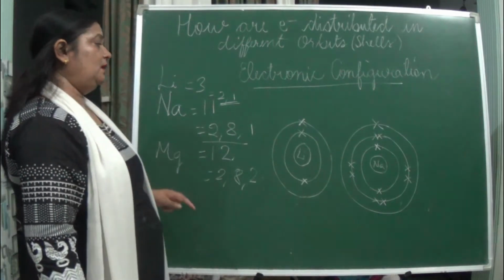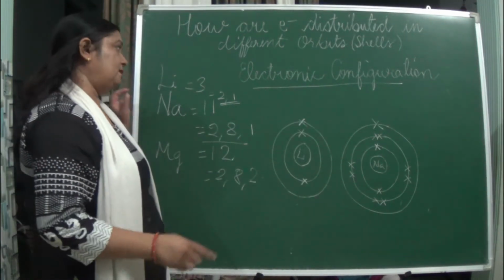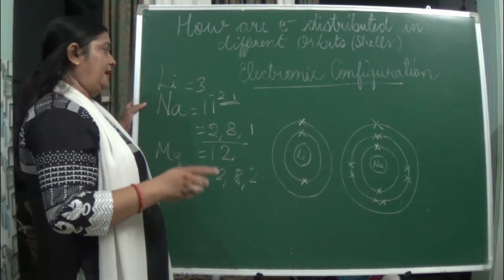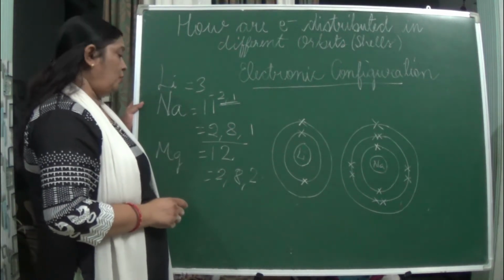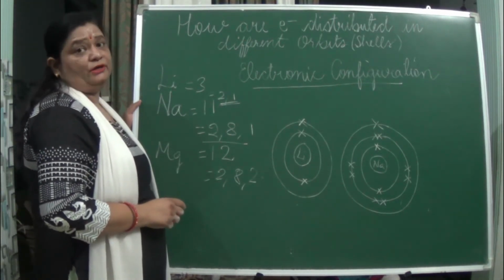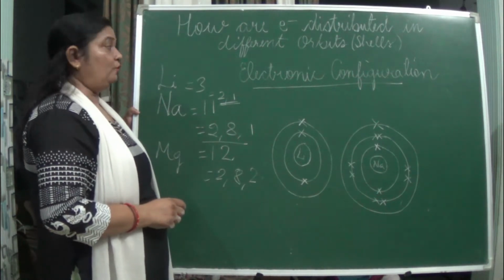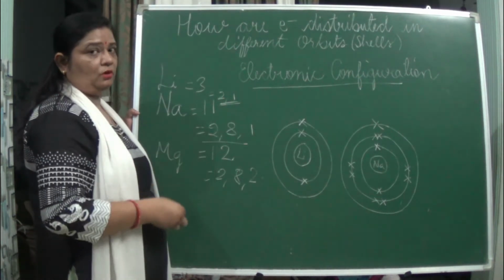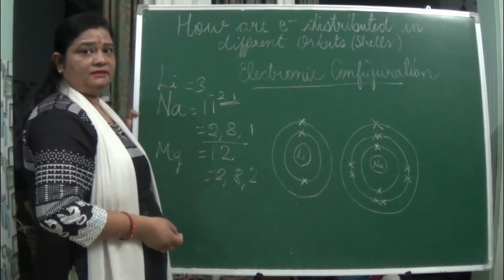Basically, I said to you in earlier classes also, you have to learn the elements with atomic number up to 20. Which element has atomic number 1, which has 2; 1 is hydrogen, isn't it?